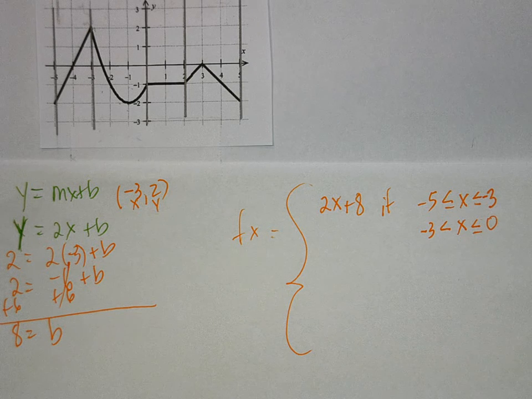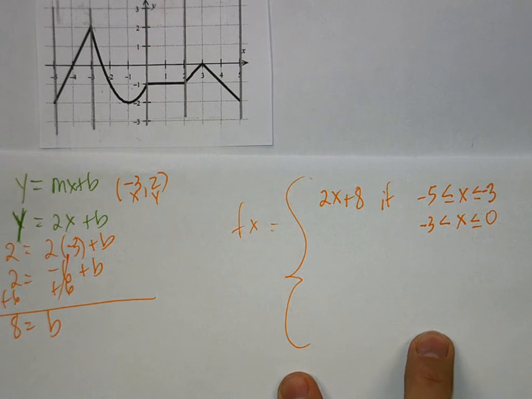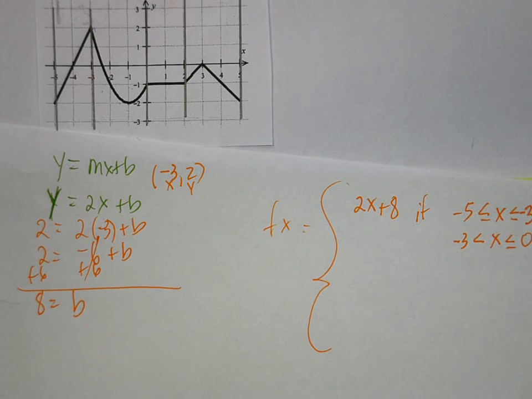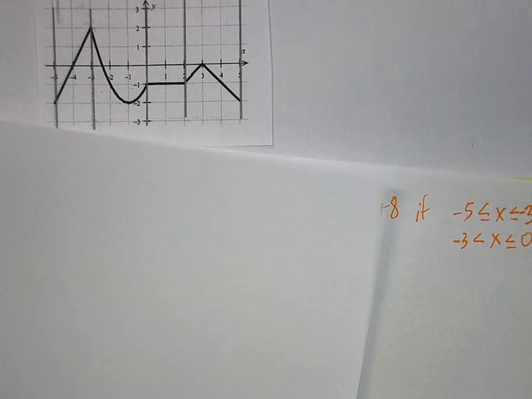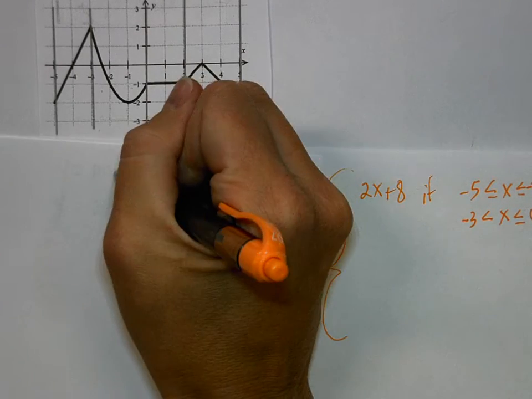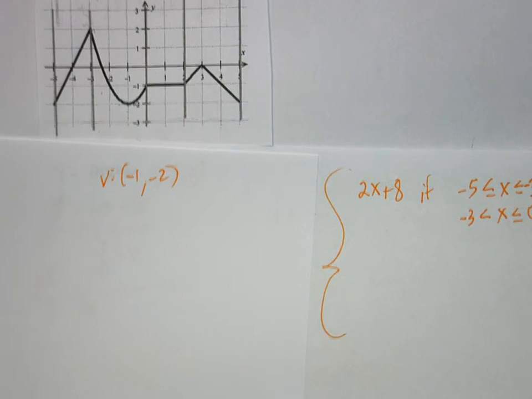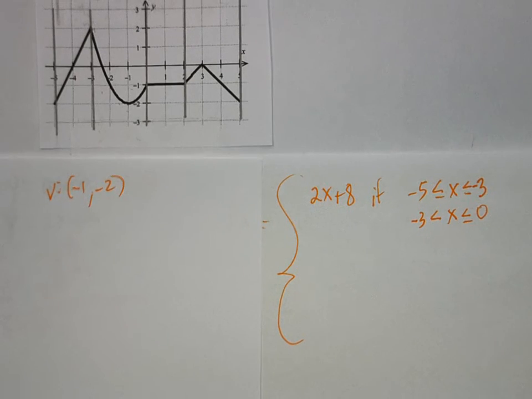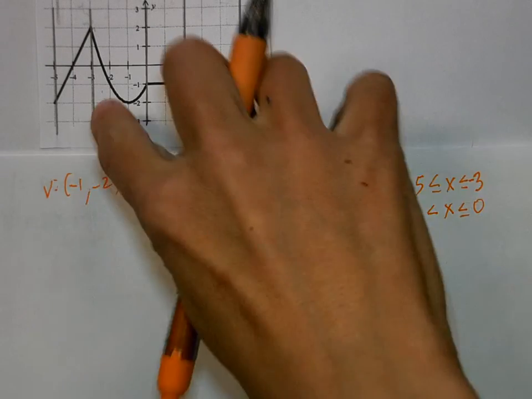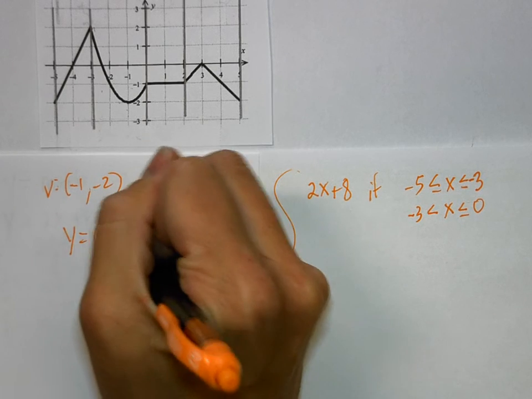So this next one right here is a parabola, and the vertex for this parabola is at what? -1, -2. So when I'm writing this second piece, it is y equals x plus 1 squared minus 2.